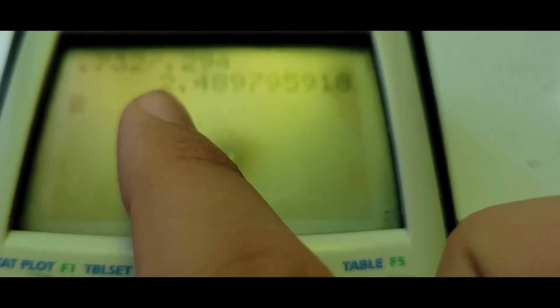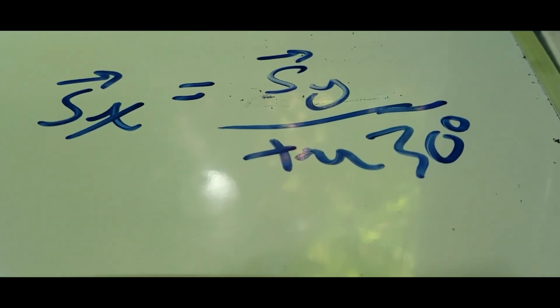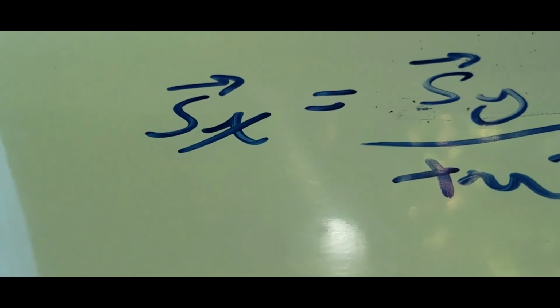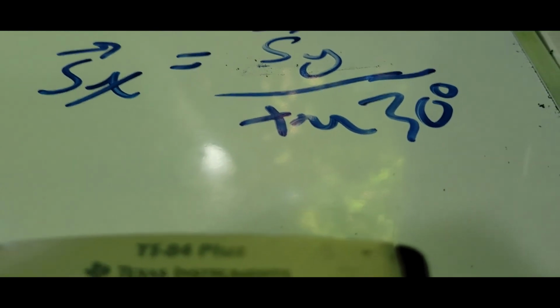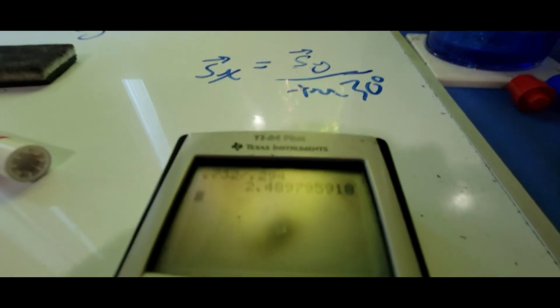as our displacement or distance in the y direction. If it was displacement, it would be upwards. So we get 2.4897 meters as our vertical distance. Now that we have sy, it makes our lives a lot easier because now we can easily solve for sx simply by dividing sy by the tangent of 30 degrees, because that's our relationship as we can recall from previously in this video.